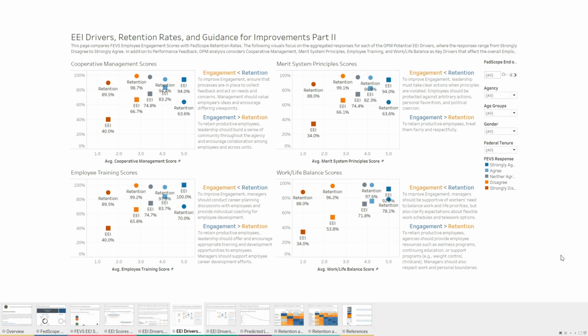We have cooperative management scores, merit system principles, employee training, and work-life balance. Work-life balance is an important one. So these are the next 4 key drivers. So those 5 together are typically known as the 5 key drivers. The remaining ones you'll see in a second. So OPM has done their own research and deemed these significant for the most part.